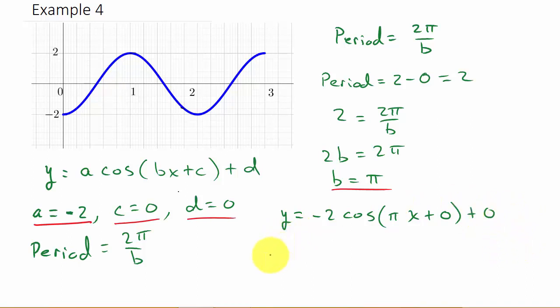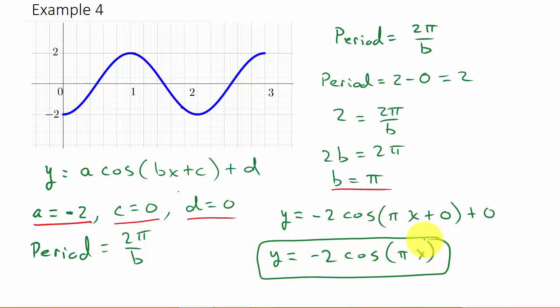So y is equal to negative 2 cosine pi times x. And there's your function.